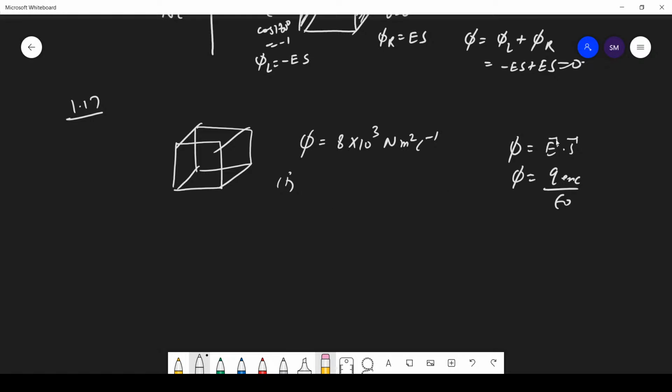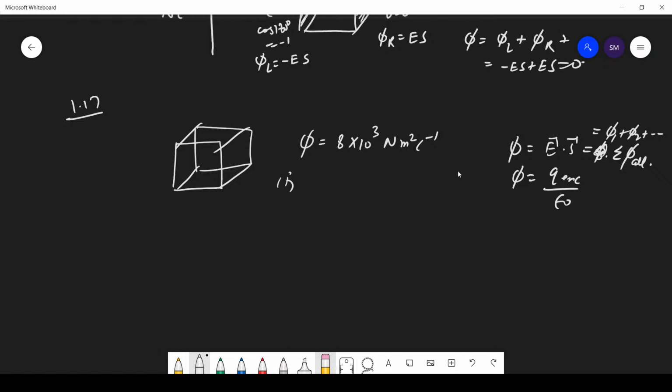So this flux is nothing but adding all the flux through all the surfaces, like phi1 plus phi2 plus and so on. Like here we did phi L plus phi R, and for the rest of the faces the flux was 0.